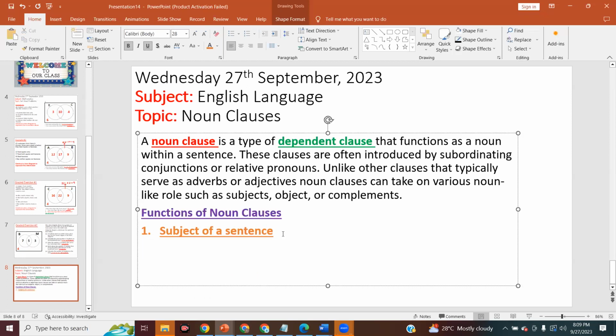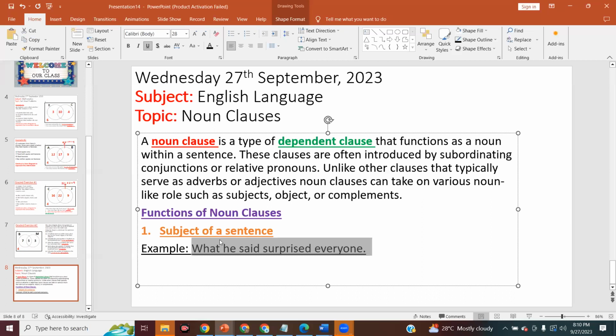So let's use an example. The example says, what he said surprised everyone.